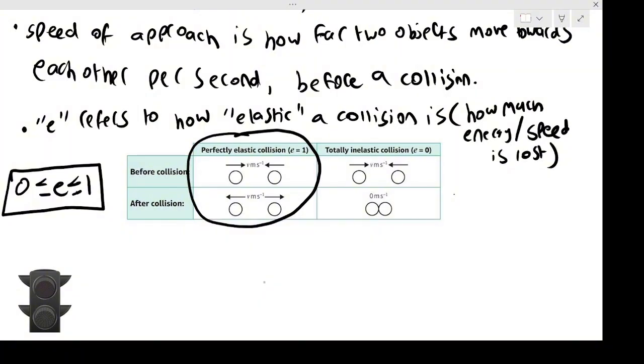So as you can see here, before the collision, the particles, the balls are approaching each other with an overall speed v. Then after the collision, we're saying that they're then going to separate with the same overall speed v. So the idea is the overall speed remains the same. There's no loss in overall speed, okay? So I'm going to say that when E equals 1, this is a perfectly elastic collision.